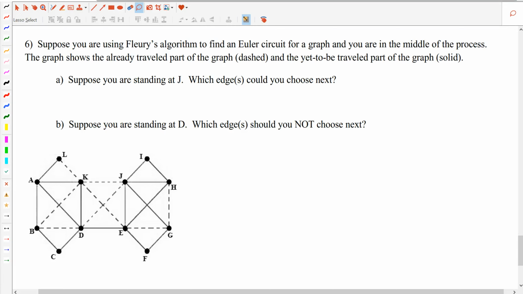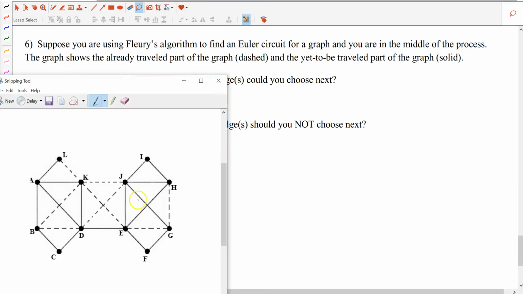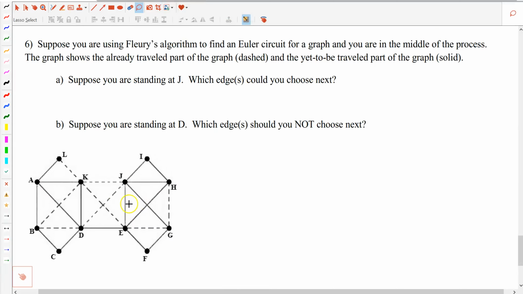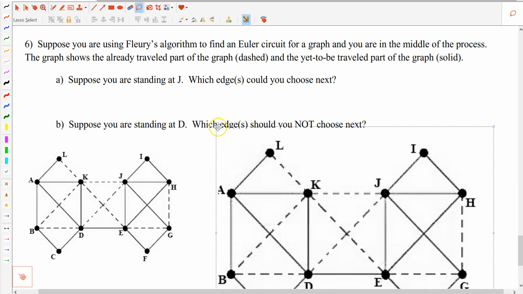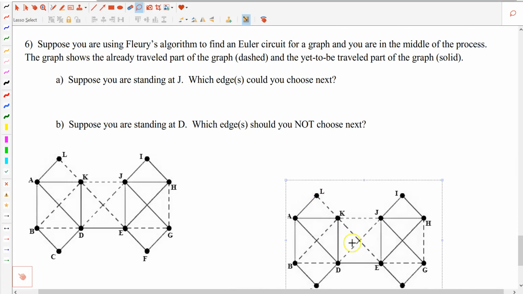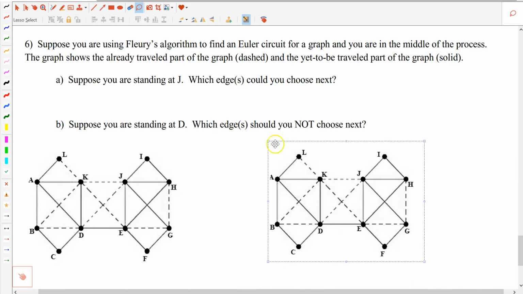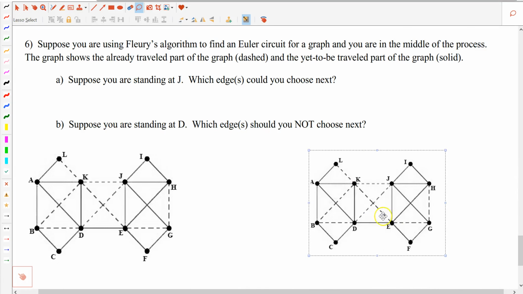With these dashed edges, if you're having trouble seeing what's going on, I'm going to go ahead and make a copy of this. You would do this with your pencil. Here's where I can come in and actually remove edges, to get a better idea of what's going on in this graph. So here's a copy of it.